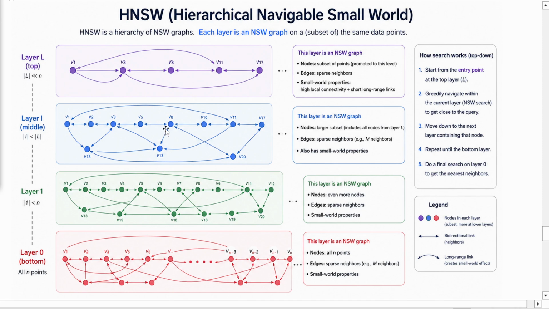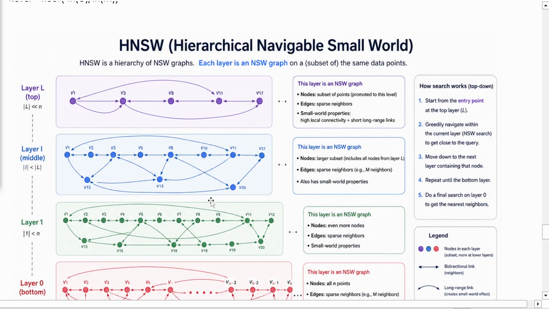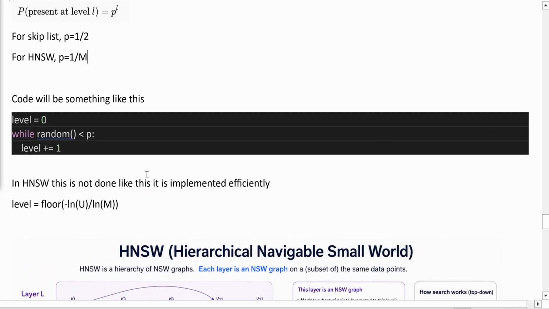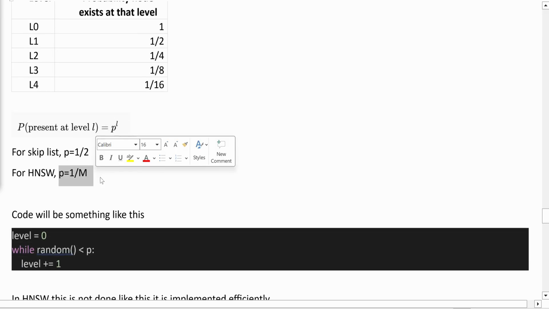If the m value is 10 and here we have 20 nodes, we need to make it 20 by 10, that is only 2 nodes. If you do it like that, then the distribution will be proper. That's the whole point of choosing p as 1 by m.